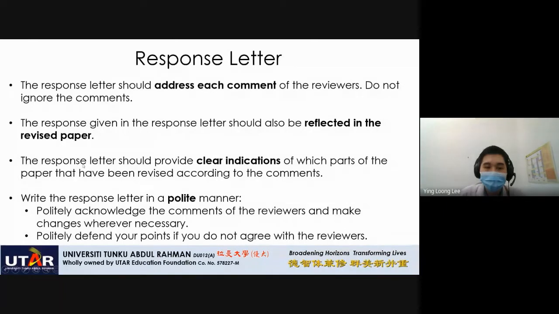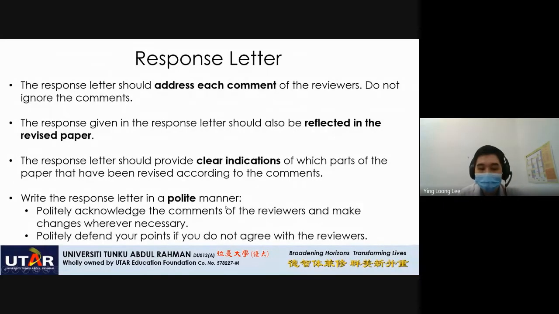Your response letter is recommended to provide a clear indication of which part you have revised in the paper, so that the reviewer can quickly go to the revised part and see whether he or she is satisfied. Write the response letter in a polite manner. You can politely acknowledge the comments of the reviewers and make changes whenever necessary.